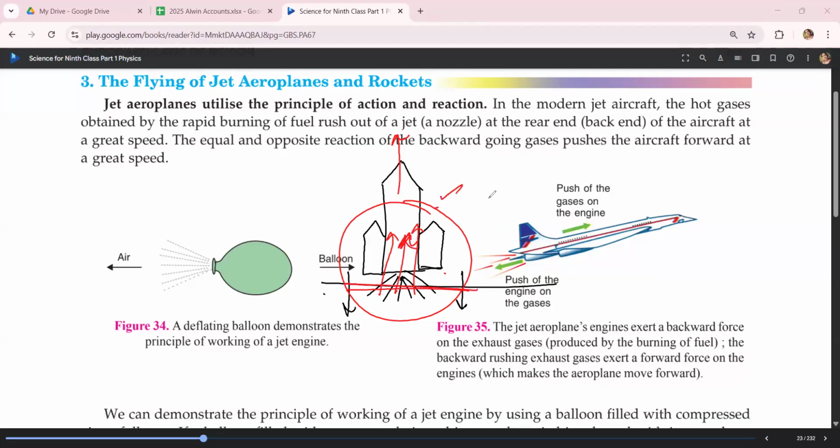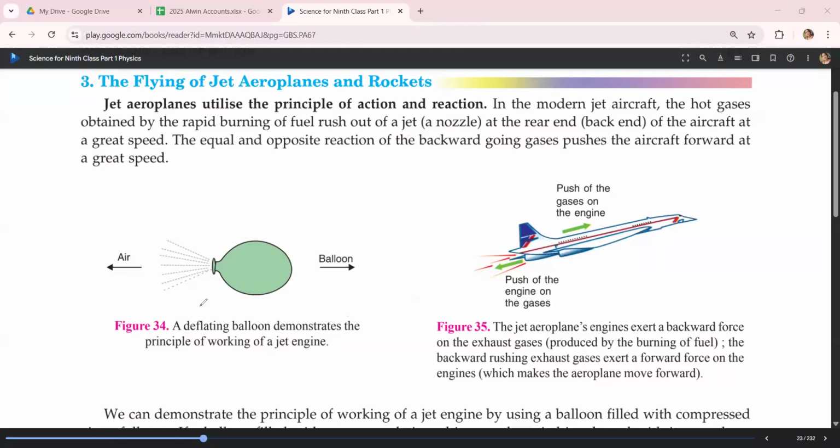So this is how it overcomes gravity and moves out into space. Clear or not? Yes. Ma'am, so the earth is only pushing the rocket against the gravitational force. Yes, that is an additional support, beta, to the fuel that you are burning.